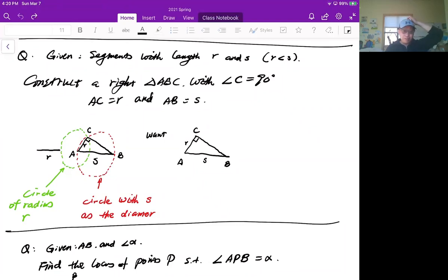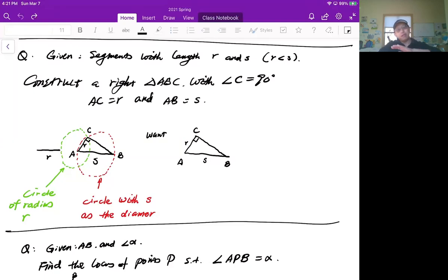First, you can construct AB with length S, and then you get a circle such that AB is a diameter. Why do I need that? Because if AB is a diameter, then I can pick C to be any point on the circle so that this is always a right triangle.